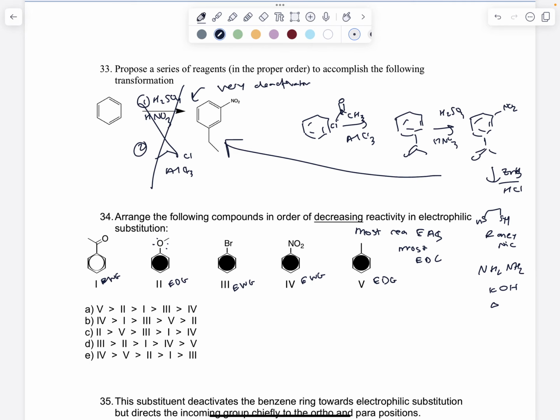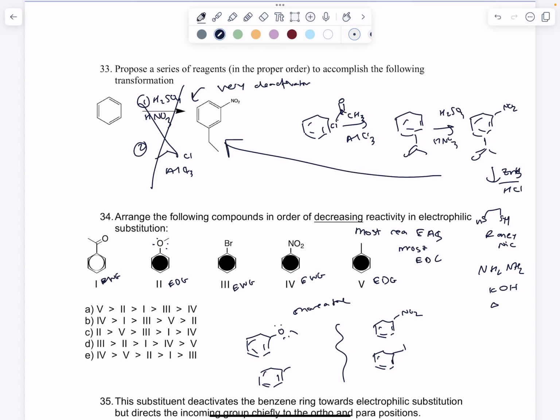So I'm just going to go ahead and put these two on one side of the ring. These are more reactive, and then these three are going to be less reactive.